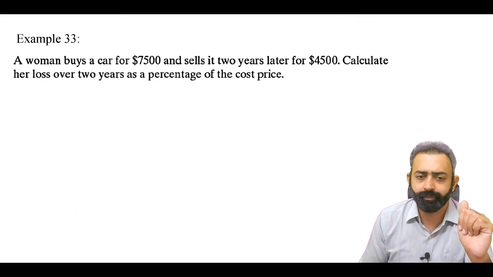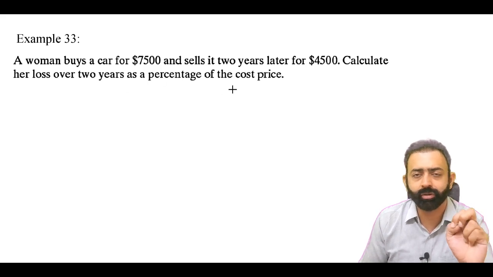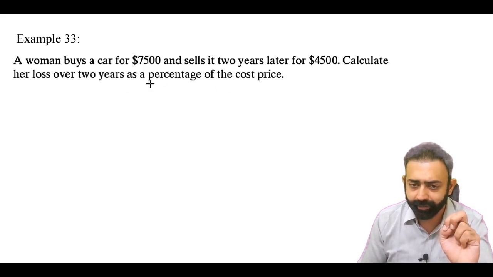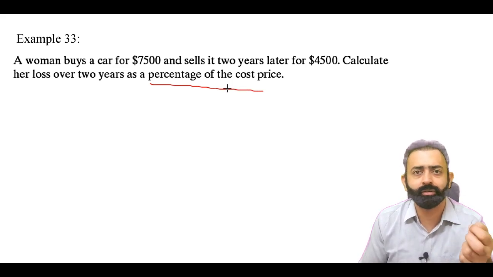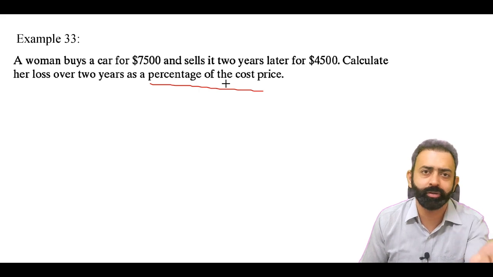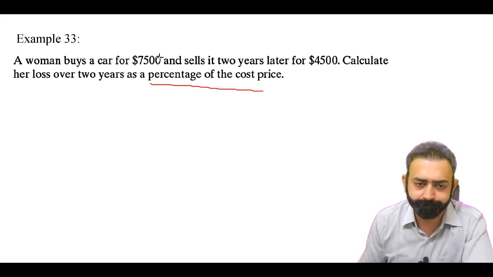Okay. Next, a woman buys a car for $7,500 and sells it 2 years later for $4,500. Calculate her loss over 2 years as a percentage of the cost price, right? If it is not mentioned, then also, as I told you, we always find out the loss or profit percentage with respect to the cost price.